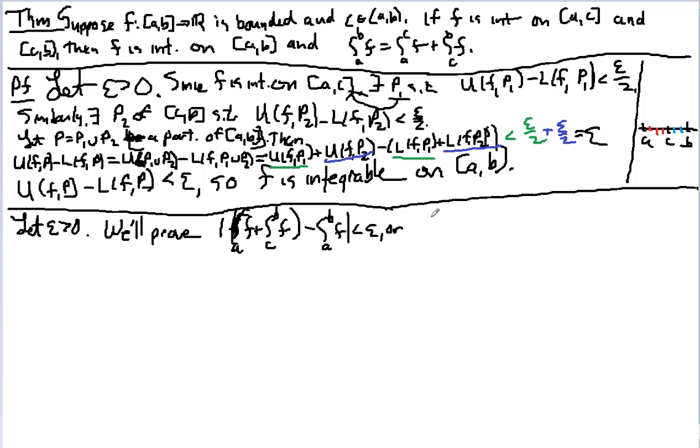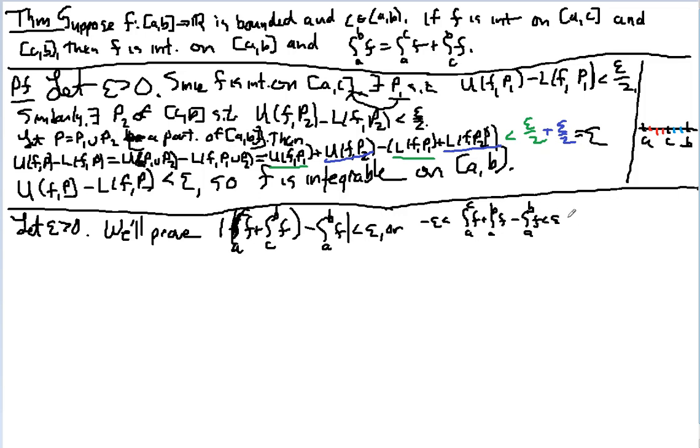We could say that negative epsilon is less than the integral from a to c of f plus the integral of c to b of f minus the integral of a to b of f, which is less than epsilon.